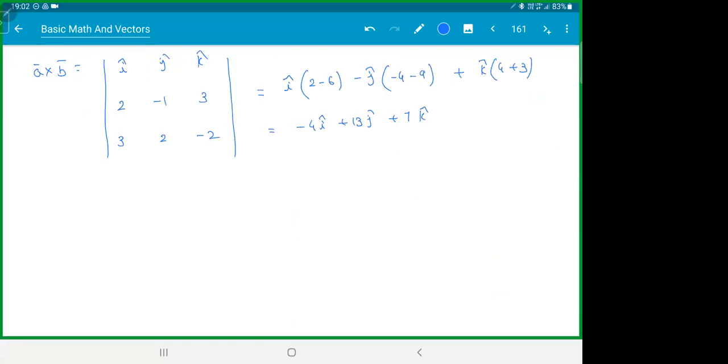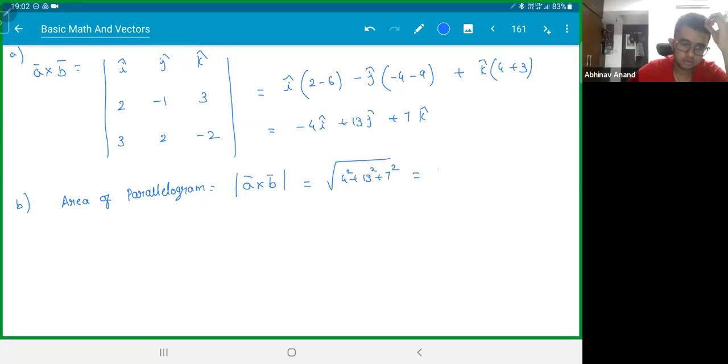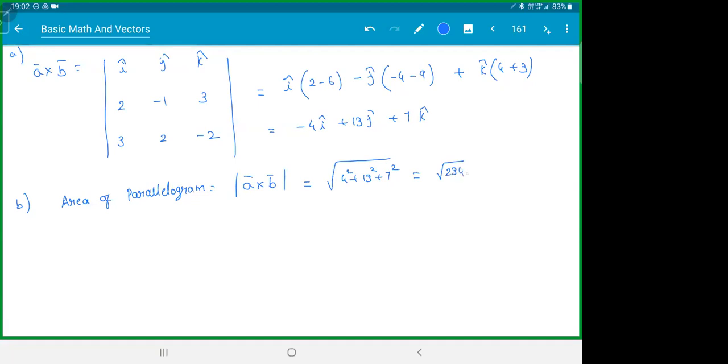Yeah, B and C are easy. So this is the first question. B, area of parallelogram, is simply magnitude of A cross B. You just need to find the magnitude of this vector. Root over 4 square plus 13 square plus 7 square. How much is that? 169, 49. The root of 234. Root 234, it seems there.